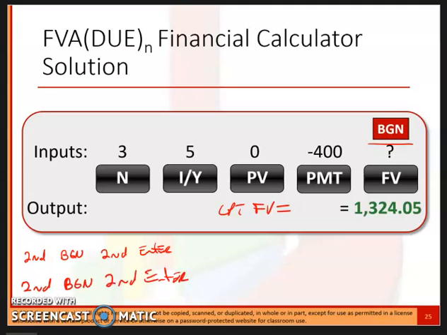This will remove you from begin mode. I've had students in the past that have worked entire exams in begin mode, which results in incorrect answers for any problem, because everything else is going to be worked in ordinary or end mode.